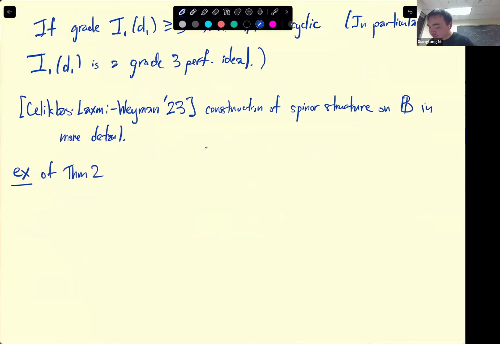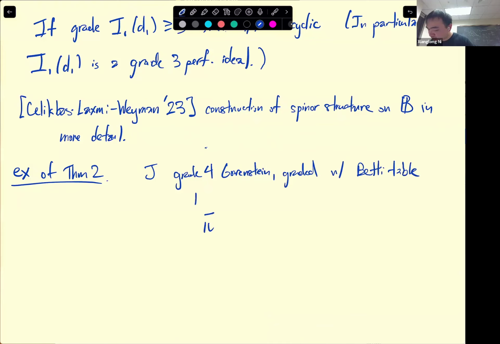So let's say I start with a graded grade 4 Gorenstein ideal J with Betti table 1, 16, 30, 16, 1, like this.